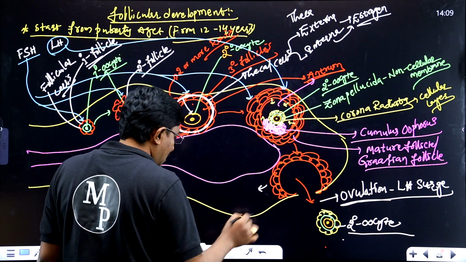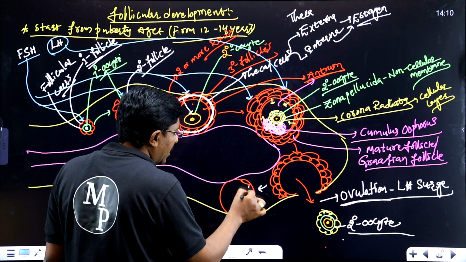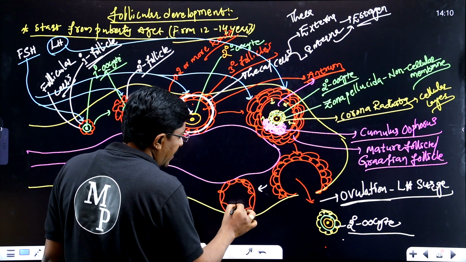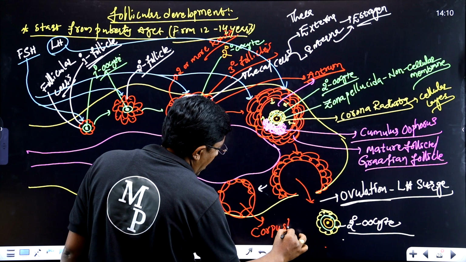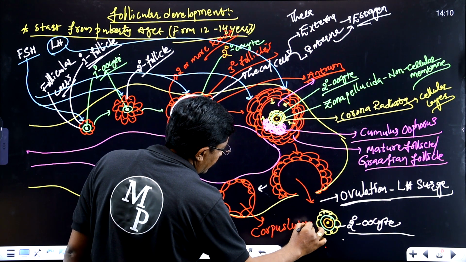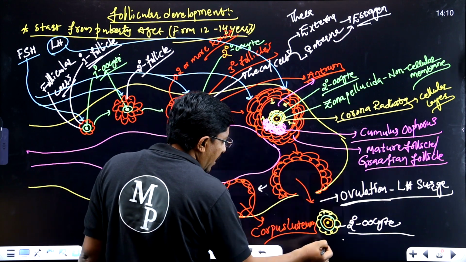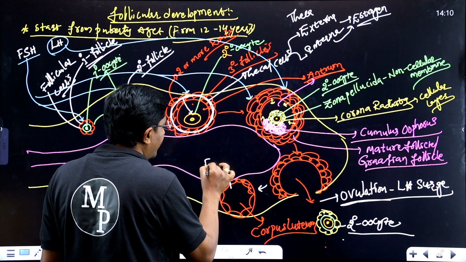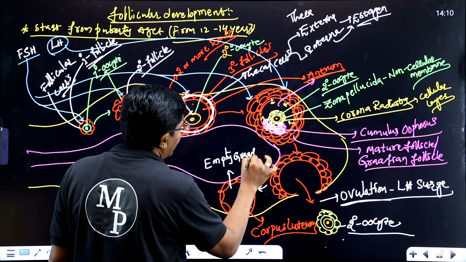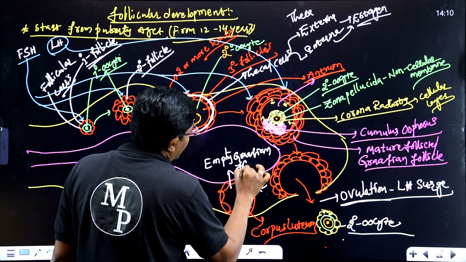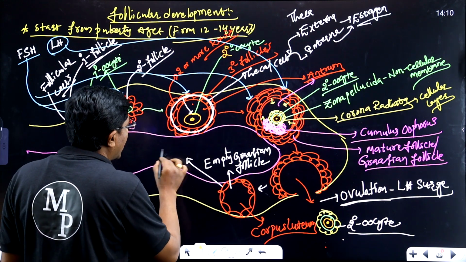After that, the empty Graafian follicle is formed. The empty Graafian follicle is called the corpus luteum. Now this corpus luteum is the empty Graafian follicle, and it releases two hormones.